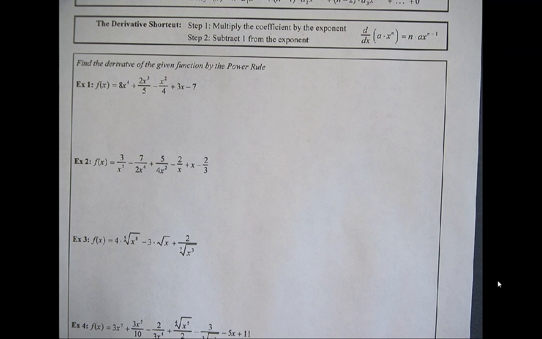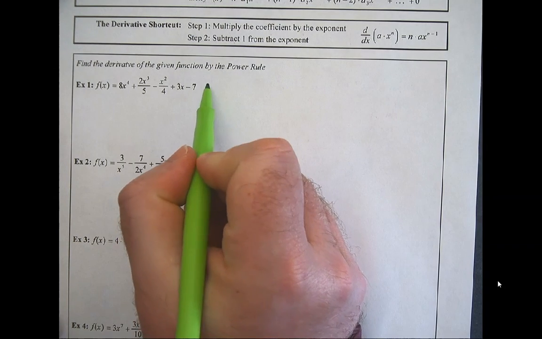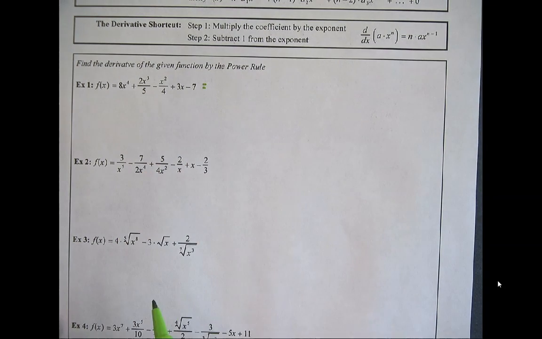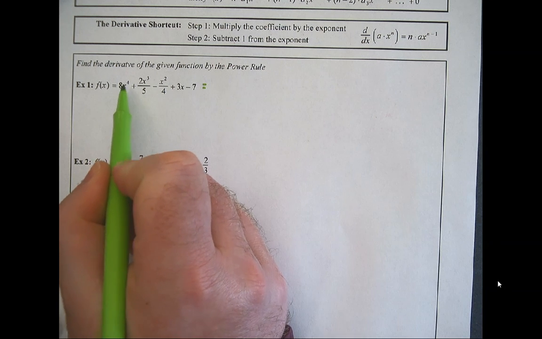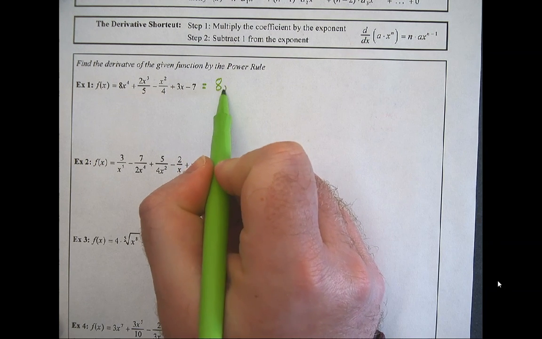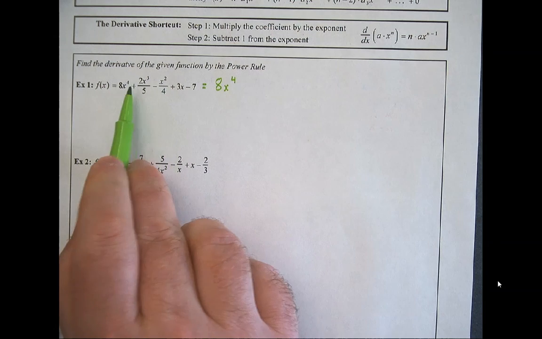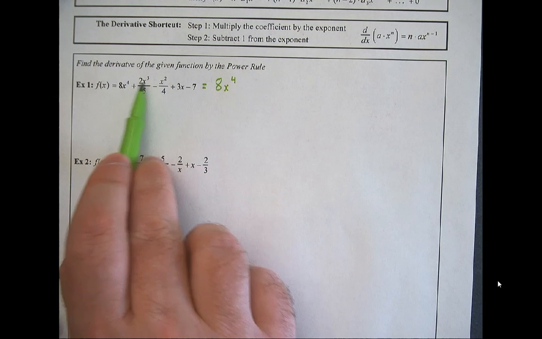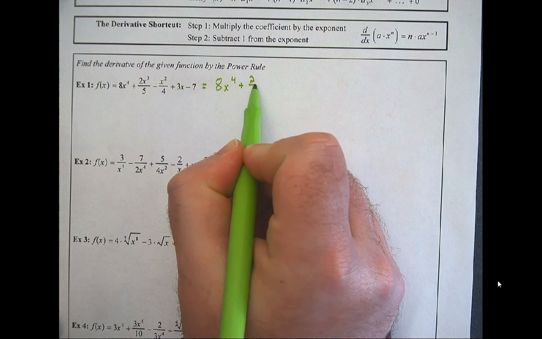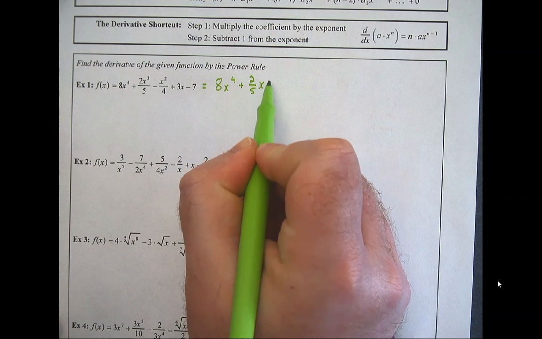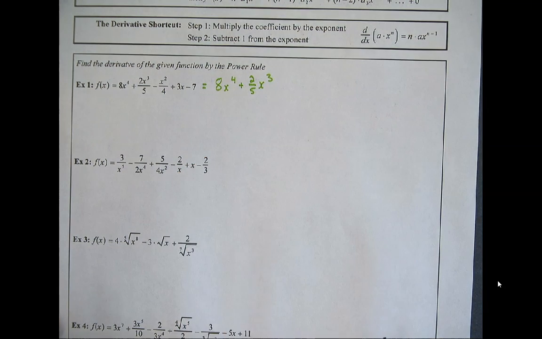So I'm going to take a look at this first one. I'm going to do a rewrite right off the bat. So am I happy with this? Yes, this is a number, x to the number. Then the next one, the way that this is written is kind of goofy. So if it helps you understand it better, you can separate it into this.